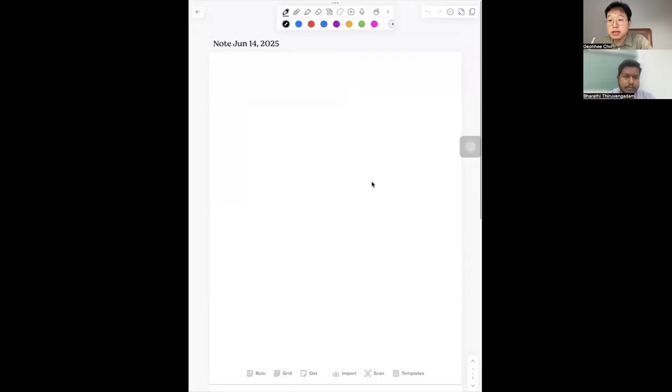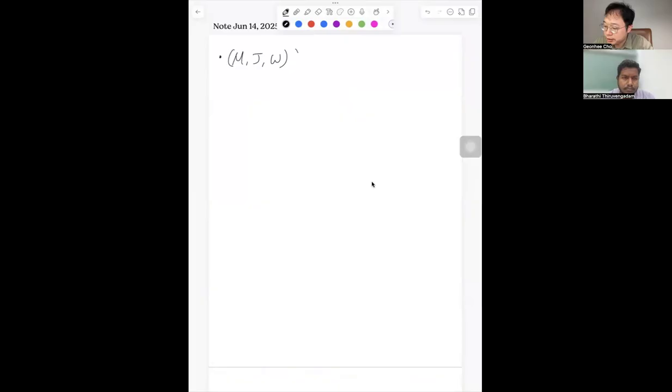The setting is the following. For a moment, we assume M is compact. I will explain why we assume compactness, because eventually we need to remove this condition, but for first understanding it is safe to start from here.